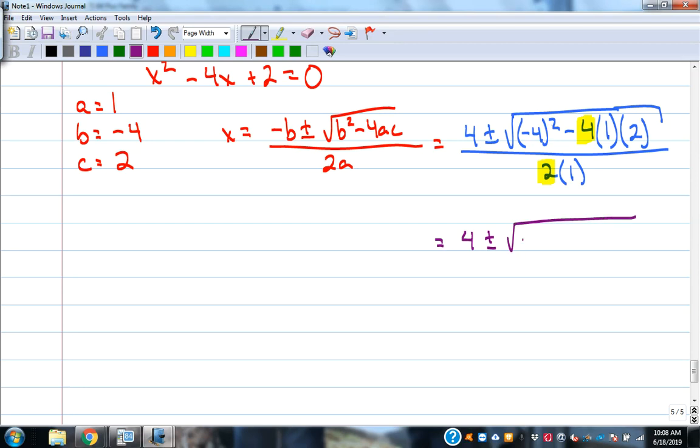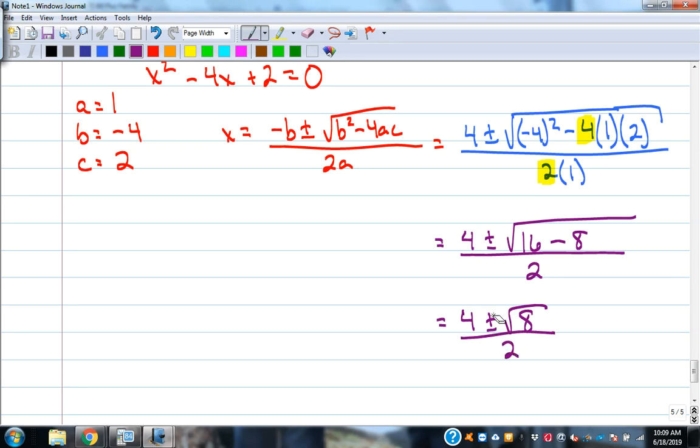Negative 4 times negative 4 is positive 16. 4 times 1 times 2, that'd be 8, subtracted. 2 times 1 is 2. And then I'm going to simplify a little further. 16 minus 8 there inside of the square root is the square root of 8.